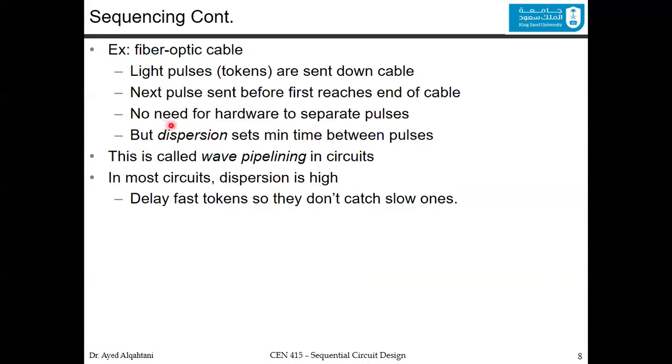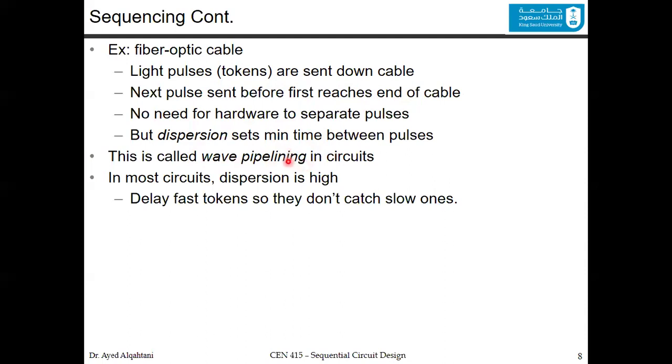This could only happen with, for example, a fiber optic cable. In a fiber optic cable, the light pulses, or tokens, are sent down the cable, and the next pulse is sent before the first reaches the end of the cable. So there is no need for hardware to separate the pulses, but dispersion sets a minimum time between the pulses. This is called wave pipelining in circuits.